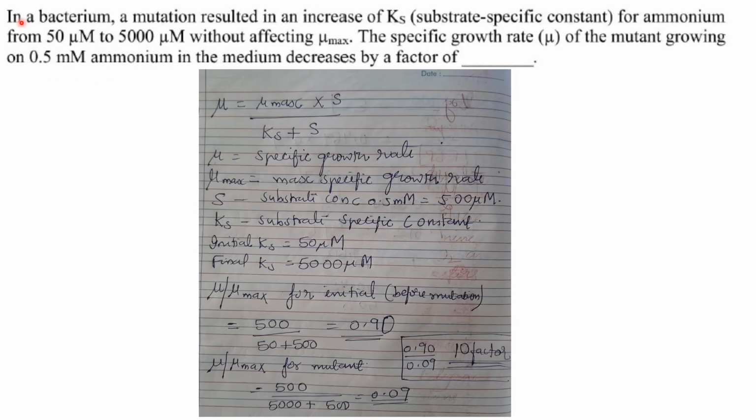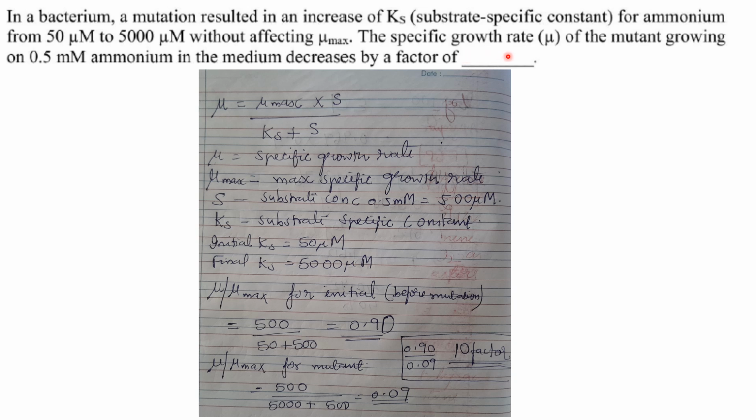Then next one. In a bacterium, a mutation resulted in an increase of Ks, that is the substrate specific constant, for ammonium from 50 micromolar to 5000 micromolar without affecting the mu max. Mu max is the maximum specific growth rate.